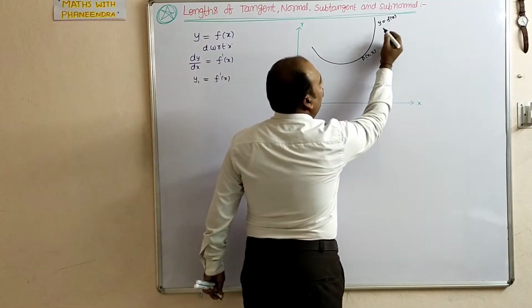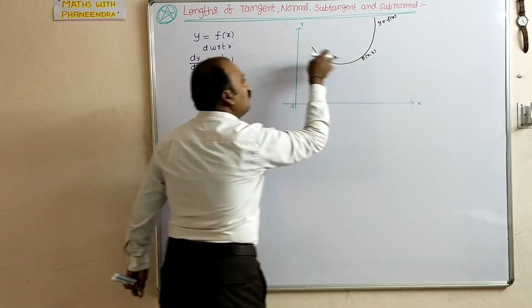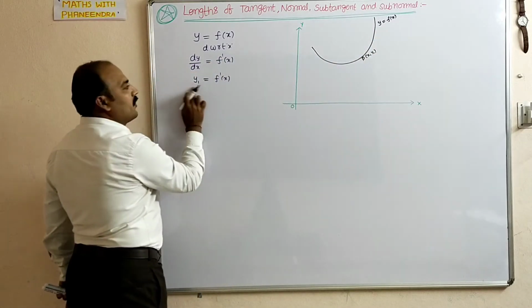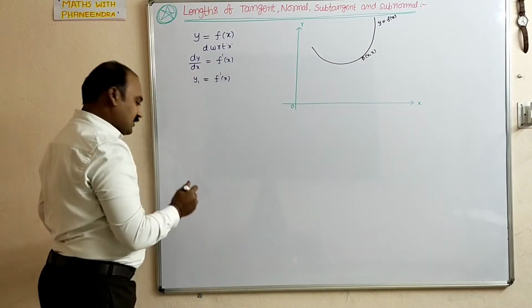Draw at this point also the curve, we can calculate the curve slope. Slope of the curve is y1 equal to f dash of x.